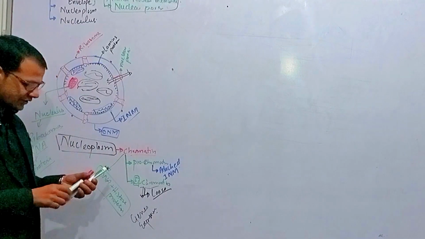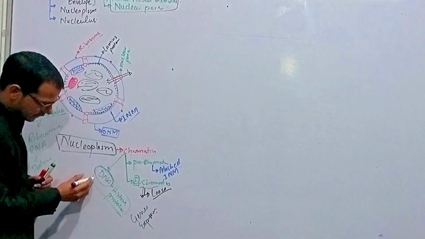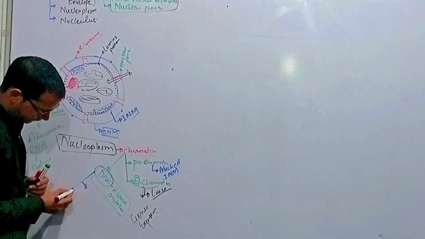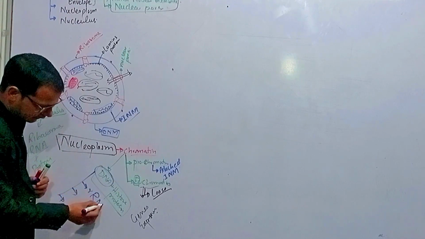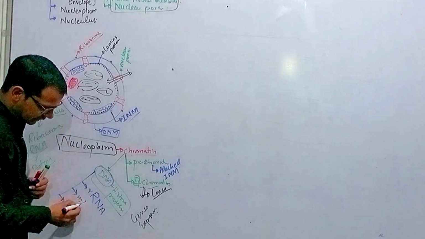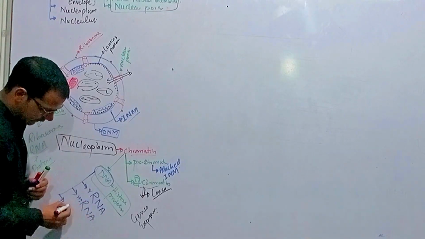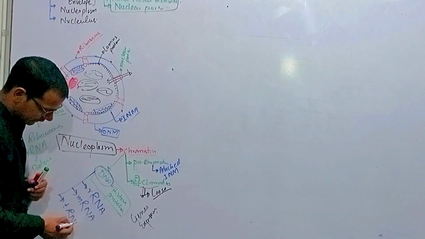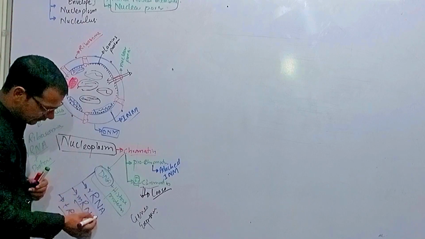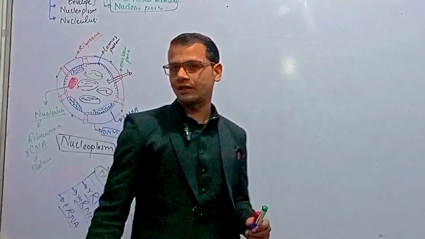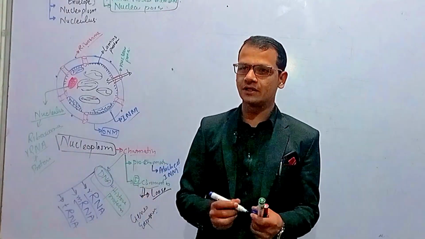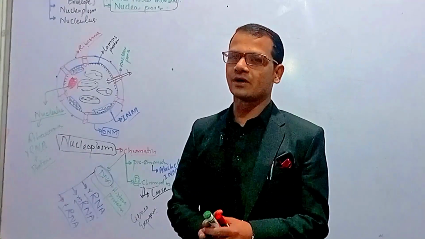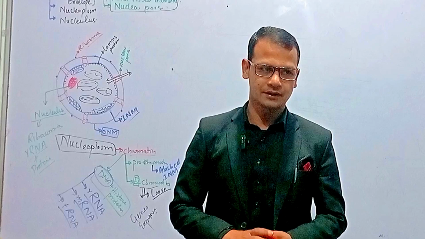So this DNA is responsible for forming three things: ribosomal RNA, messenger RNA and transfer RNA, right? And this is the reason why we call DNA the storage of information in our body, right?